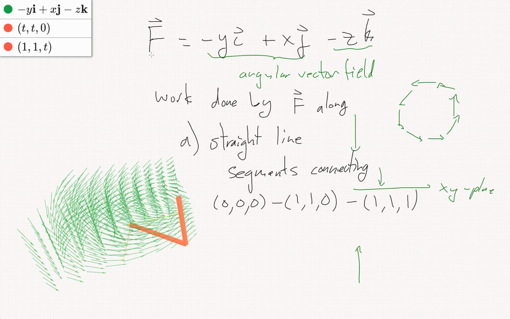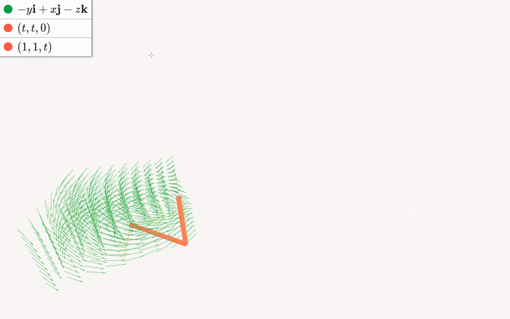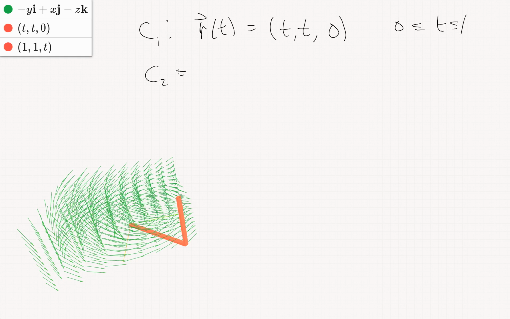Our parameterization of that is C1: r(t) is (t, t, 0) for t between 0 and 1, and C2 is parameterized by r(t) is (1, 1, t), again t between 0 and 1.